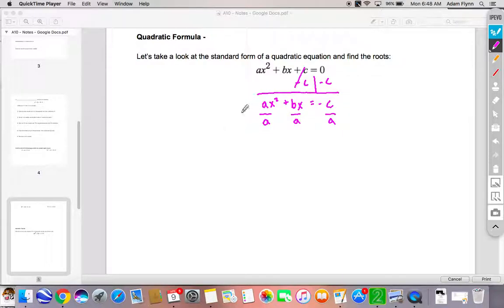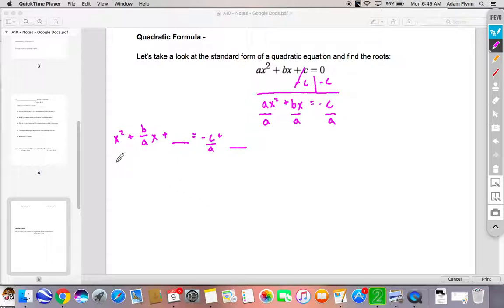I'm going to rewrite it down here. So we're left with x squared plus b over a x plus blank equals negative c over a plus blank.